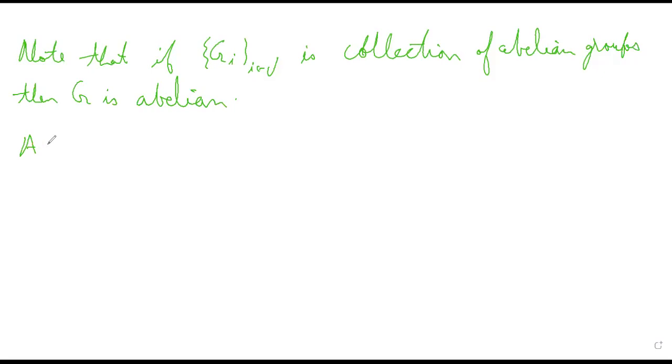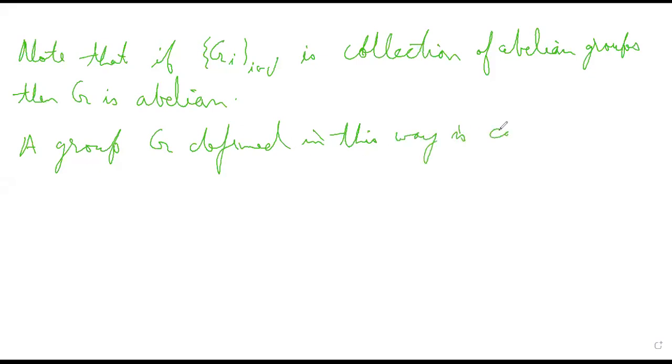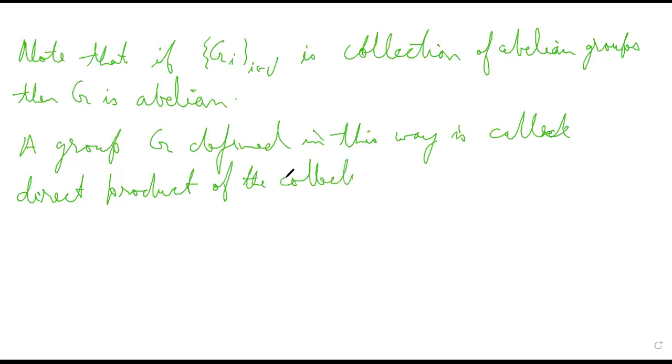A group G defined in this way, that is by taking a Cartesian product, is called the direct product of the collection.